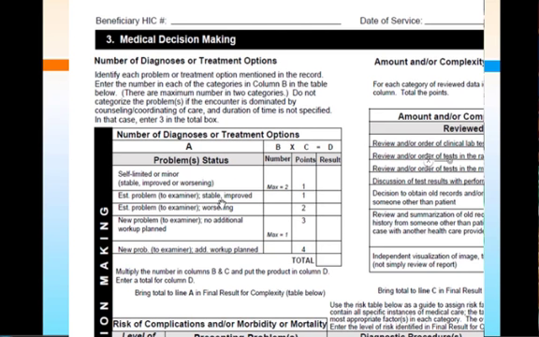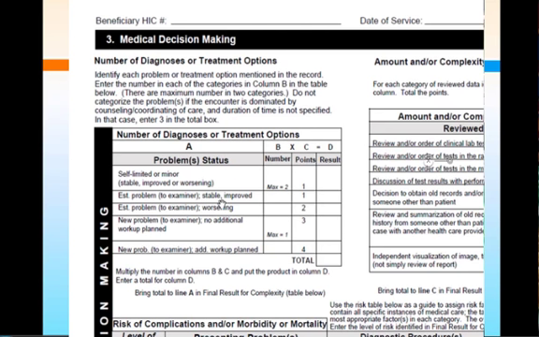And so the increased score for a new problem, whether 3 for no additional workup plan or 4 for additional workup plan, is given because working up a new problem involves more work than assessing a problem that's established or familiar to the physician. The catch is that not all problems are scored based solely on new or established to the examiner.